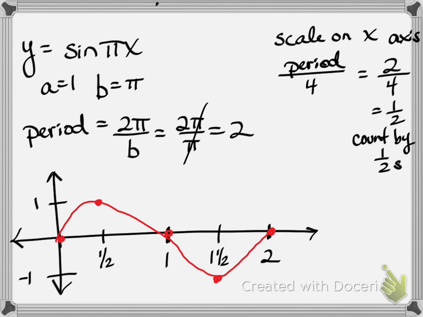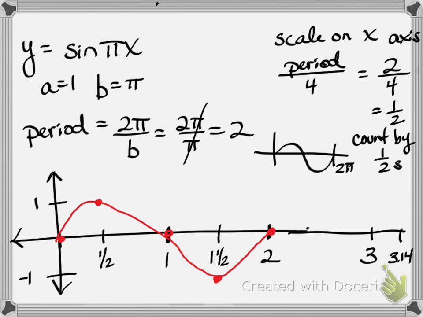This graph, it was probably a little bit difficult to tell how much this period changed our graph. But if you think about pi being 3.14, and normally sine without any shifts goes all the way from 0 to 2 pi to complete the curve.